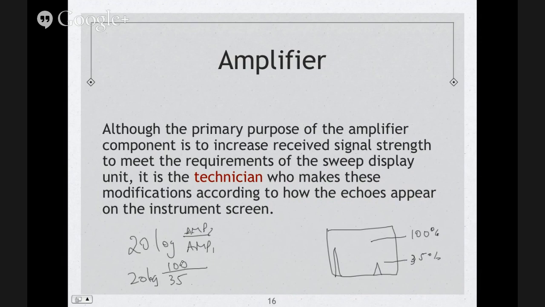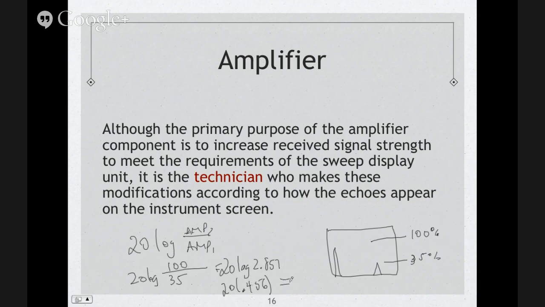So 20 log of 100 divided by 35, that's going to be 20 log 2.857, right? And then once you get this, take the log, and it's going to give you 20 times 0.456, if we round it.